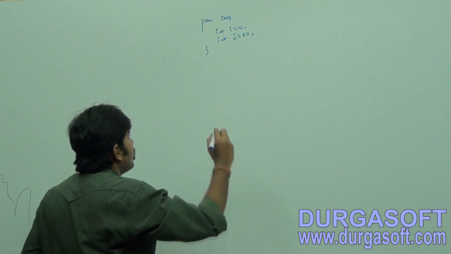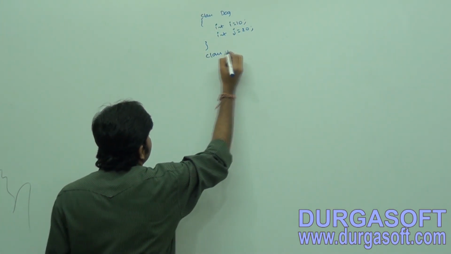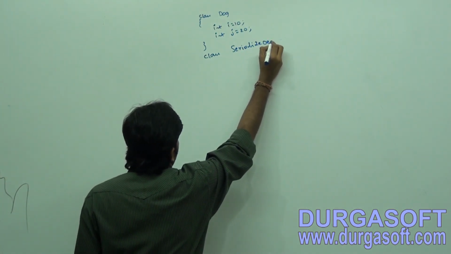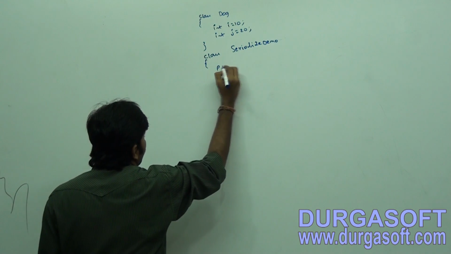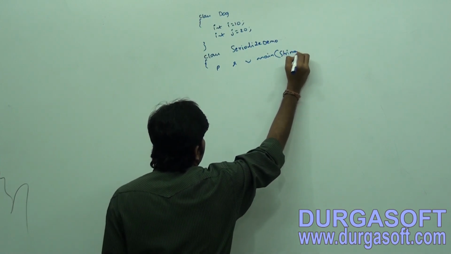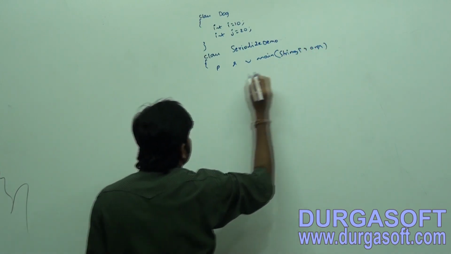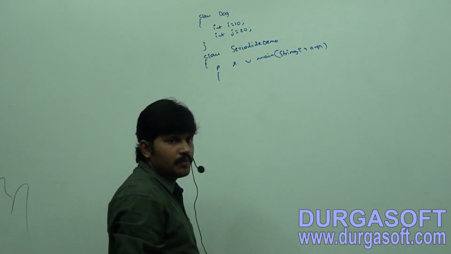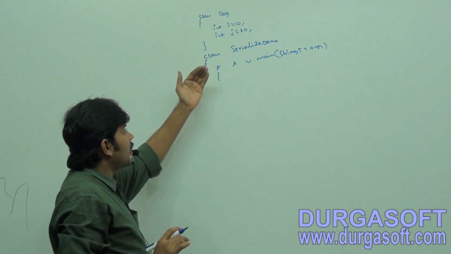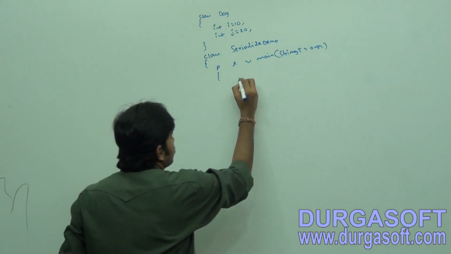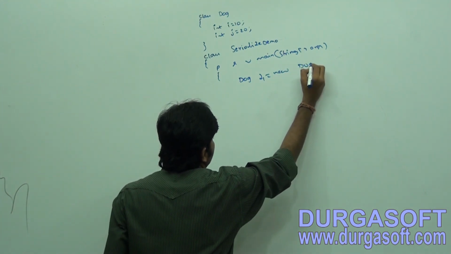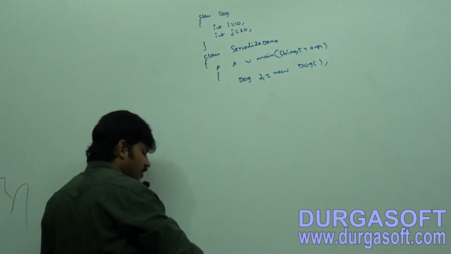Now class SerializeDemo, public static void main, String array args. Now my target is creating one dog object: Dog d1 is equal to new Dog.